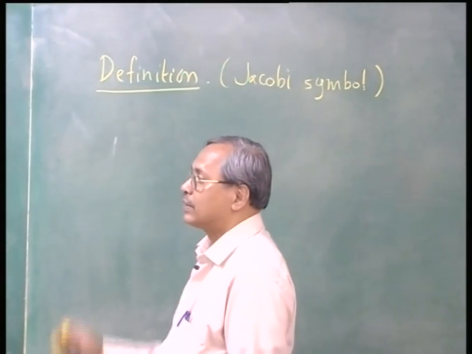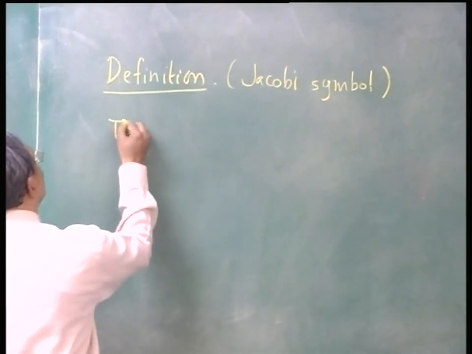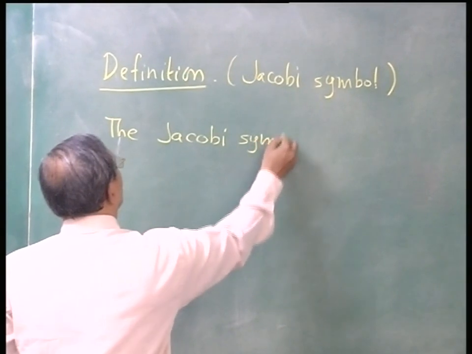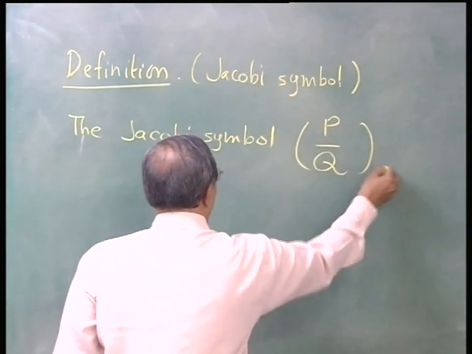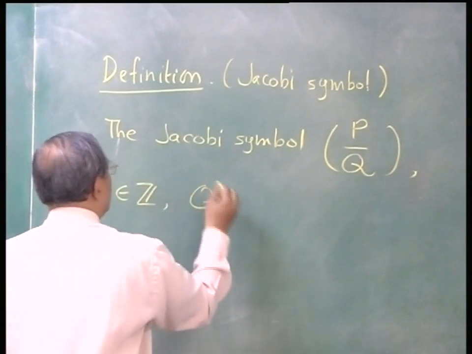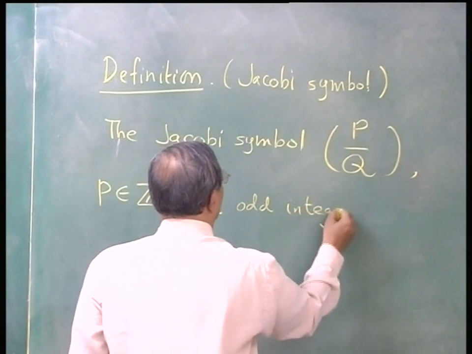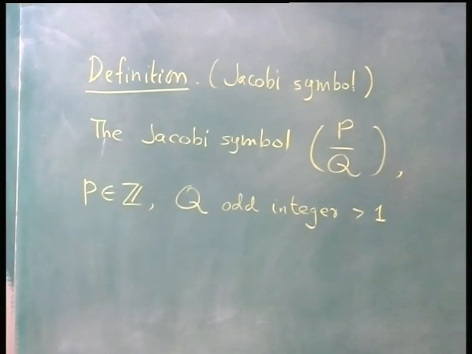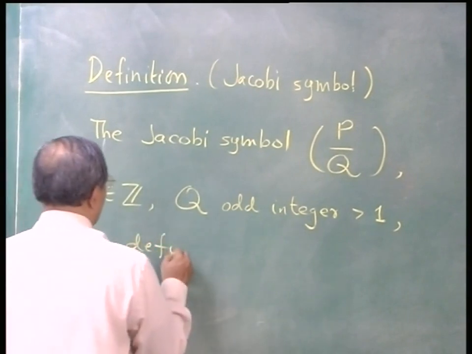That will replace the prime P. So, the Jacobi symbol P by Q, where P is an integer, Q an odd integer bigger than 1, is defined as follows.